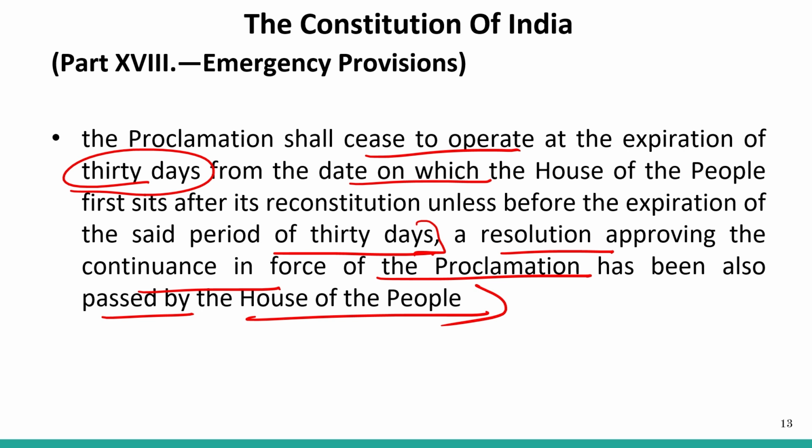Okay. And then, if during that 6 months the House has been dissolved while the emergency is still continuing, and again there is an issuance by the government, by the President, saying it is necessary to continue the emergency, and the House of the People is not there but it is still approved by the Council of States, then it will only continue for a period of 30 days, not more than that.